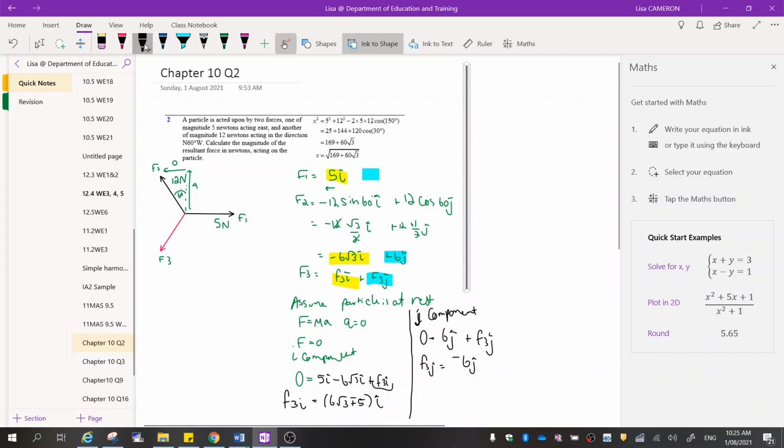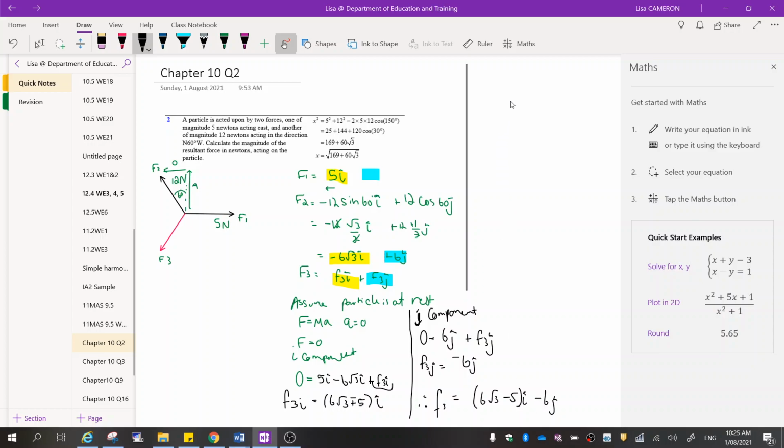Okay, so next thing we are going to do is find the magnitude, because it's asking us to calculate the magnitude. If I was going to state what F3, the resultant force, is, it is currently given by (6 root 3 minus 5)i minus 6j.